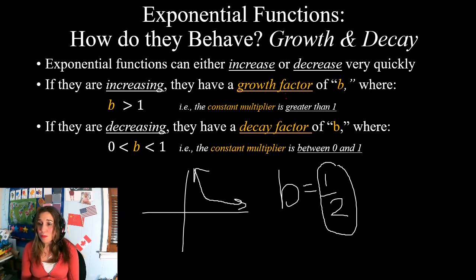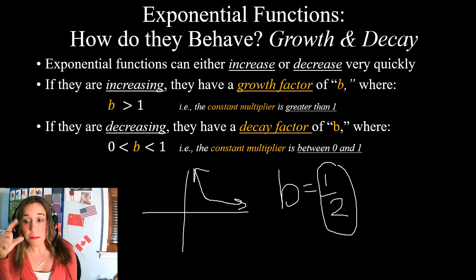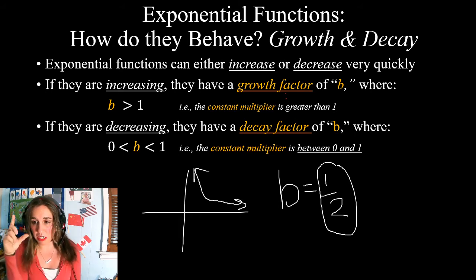If you're multiplying something by a fraction or decimal between 0 and 1, it is going to get smaller and smaller. If you keep multiplying things by 1/2, they are going to keep getting smaller and smaller. You're halving them every single time. That happens no matter what fraction or decimal you have between 0 and 1. Whatever your decay factor is, it's going to continue to make your output smaller and smaller.